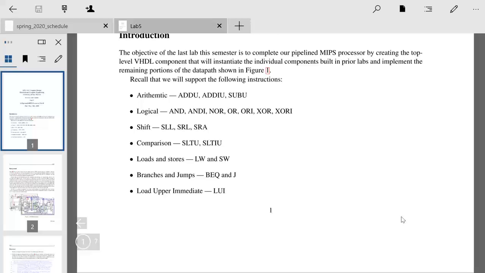And so obviously, when I converted this lab to an undergrad lab, I had to chop off a number of labs.